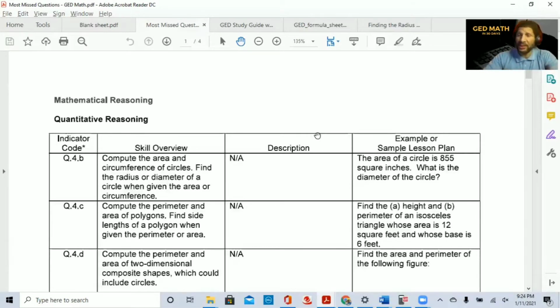If they give you the circumference, they might want to know the radius, the diameter, or the area. So that's what we're going to cover today. Computing the area and circumference of circles I will leave to your adult education teacher, or you can use Khan Academy. Today we will cover finding the radius or diameter of a circle when given the area or circumference.